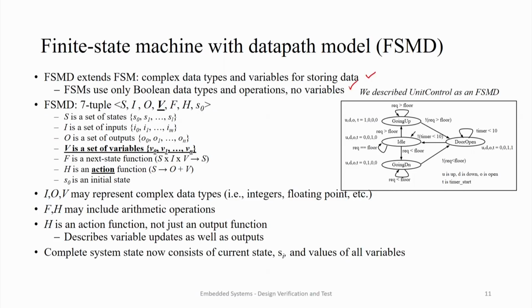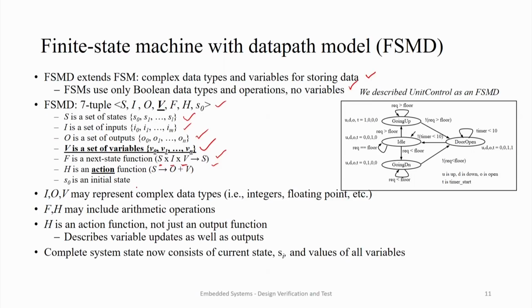So, FSMD is a 7 tuple. It has a set of states, a set of inputs, a set of outputs, and variables now, which is new. It has the next state function, which is a function of the state, the inputs and the variables, and then it goes to a new state.